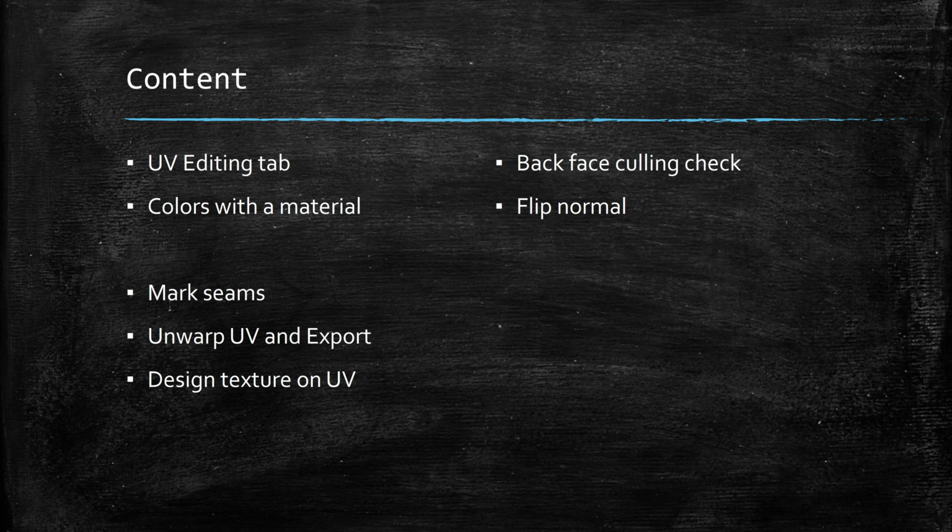We also looked into mark seams, whereby you mark out certain parts of the model, unwrap them, export them to Photoshop, put our own custom design on it, and then load it back onto Blender. The very last part will be to look into backface culling and how to fix them. So we'll look into all these aspects in this tutorial.